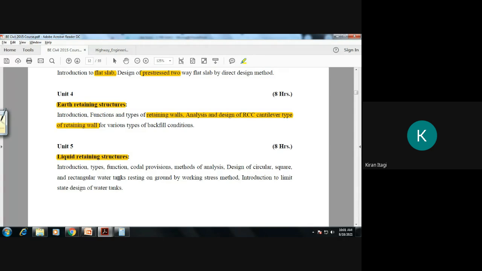So we will go from the exam point of view, what is important. So what I'm doing is that I will take this unit last. Okay, I will take this unit last because you will get messed up with this one. So be careful while attending the class for flat slab and liquid retaining structures.